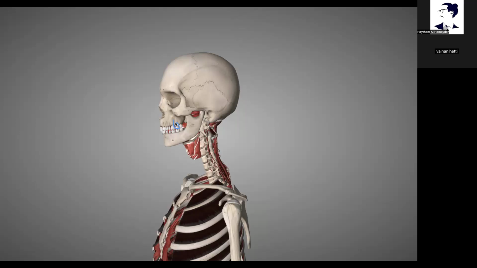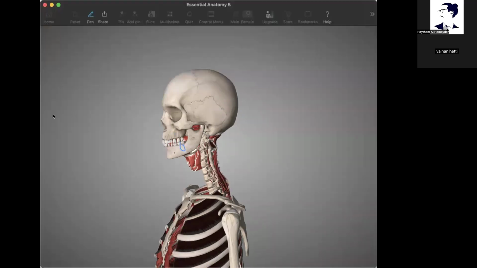Can you repeat again, where are they located? Between teeth and alveolar socket in maxilla or mandible. Okay, this is for Gomphosis.